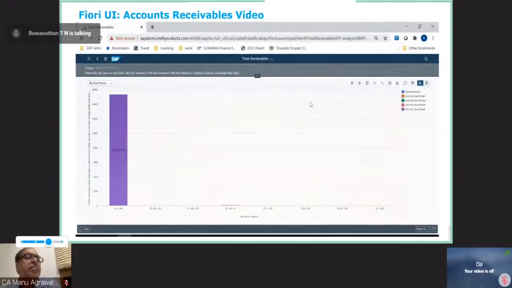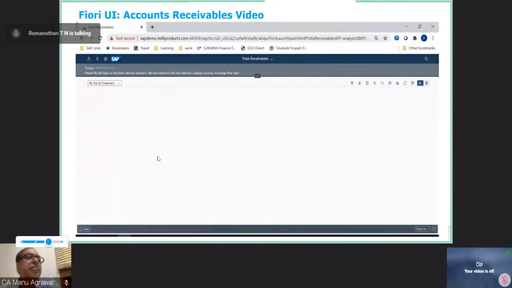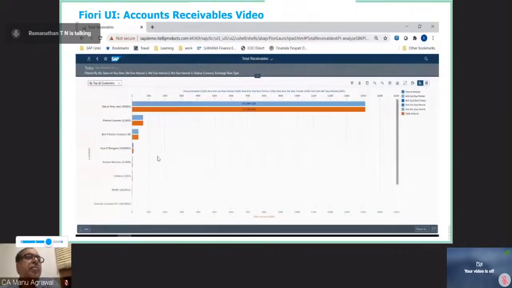Bear in mind it brings you aging buckets. When I drill down within the aging buckets, the system also provides information at the next level, for example the top 10 customers, so that I'm able to remain focused on those I'm expecting to follow up. So it gives you the summary of the top 10 parties who are due. From here, you can even get into the line item information.